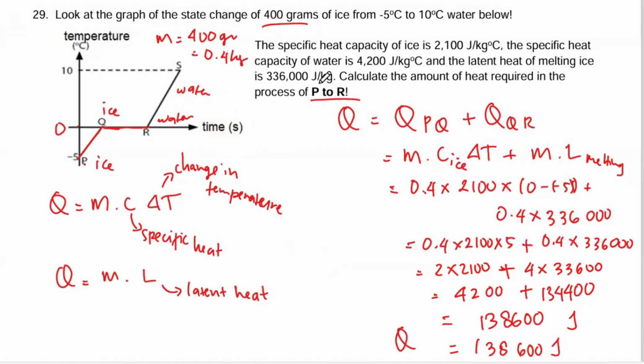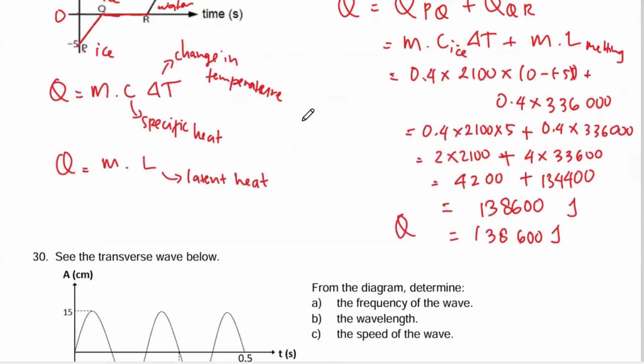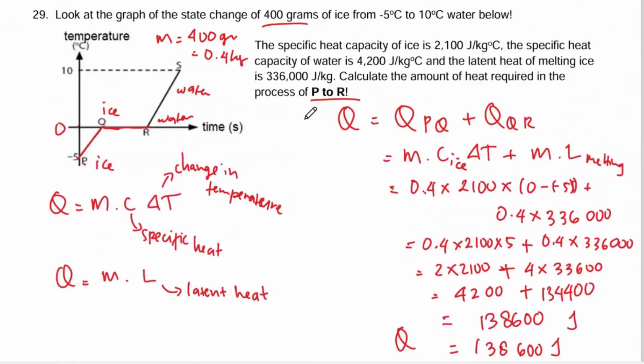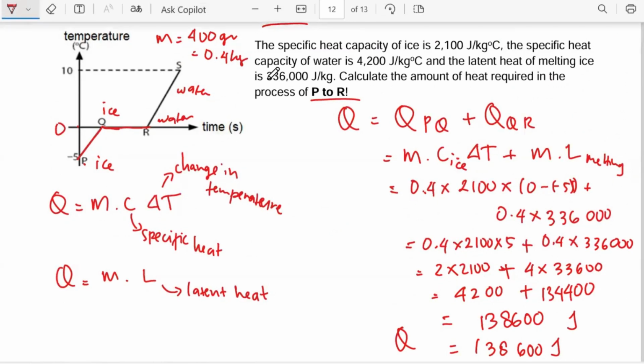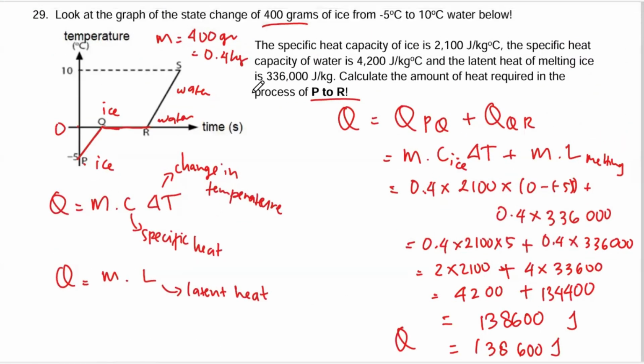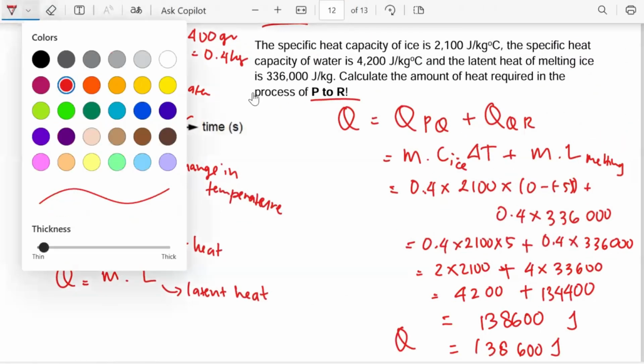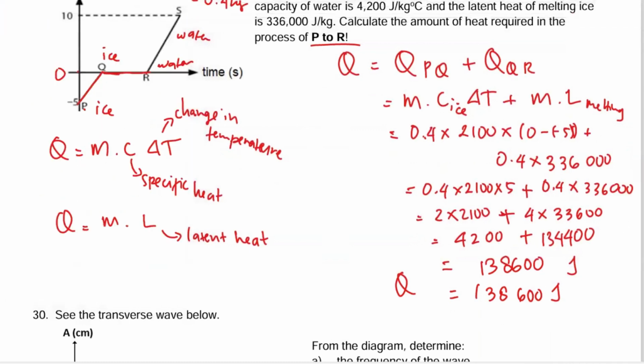Please be careful. Take a look at what the process given there is. When you have this kind of chart or diagram, please make sure that you read what is on the axis. In this case, the axis is telling us about the time, but sometimes heat graphs have Q on one axis and temperature on the other.